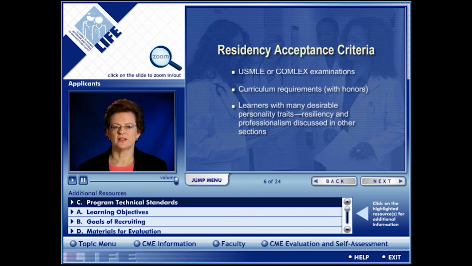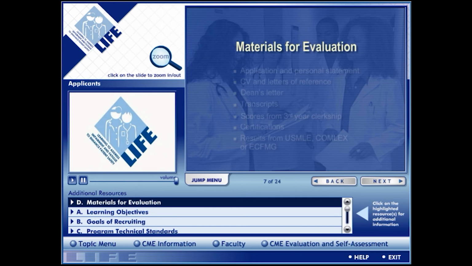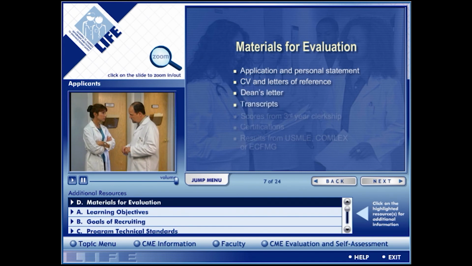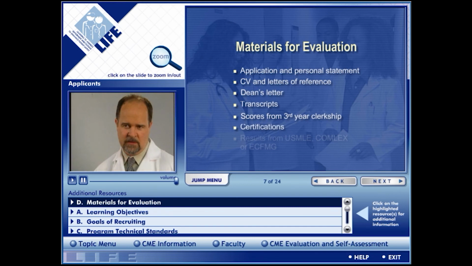It's a tall order to find all of this in one person, and it may be worthwhile for you to decide and even prioritize which behavioral characteristics are most important for your program before you design your strategy for a candidate search. Materials that you have to evaluate for each applicant are the application, personal statement, CV, letters of reference, dean's letter, transcripts, scores from the third-year clinical clerkship, any certifications or information from past professional experience.